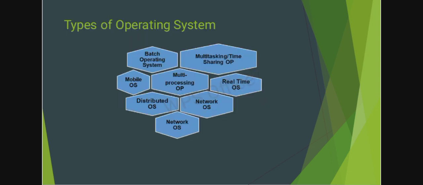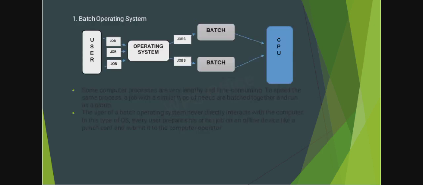Next, we have types of operating system or OS. First, we have a batch operating system. Some computer processes are very lengthy and time-consuming. To speed up the same process, jobs with similar types of needs are batched together and run as a group. The user of a batch operating system never directly interacts with the computer in this type of OS.